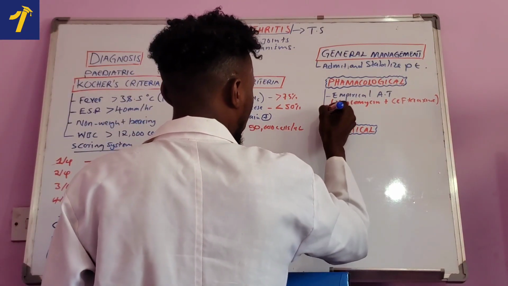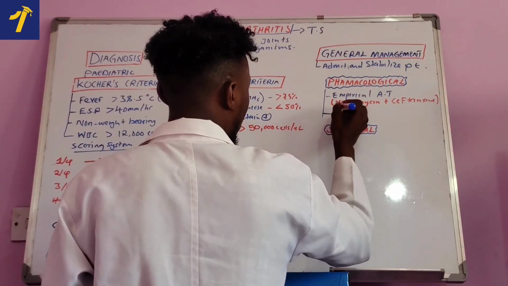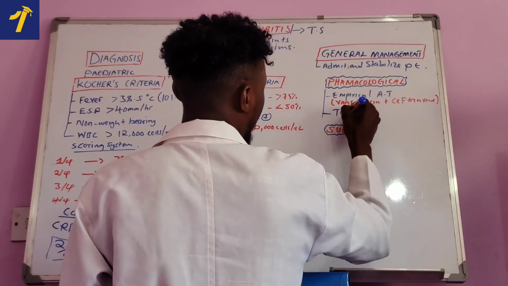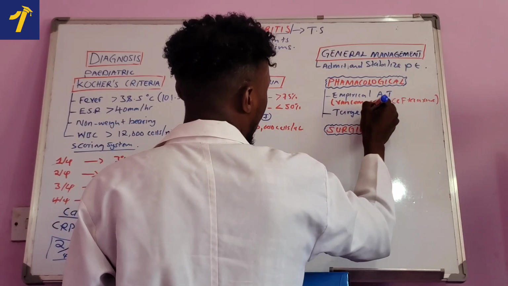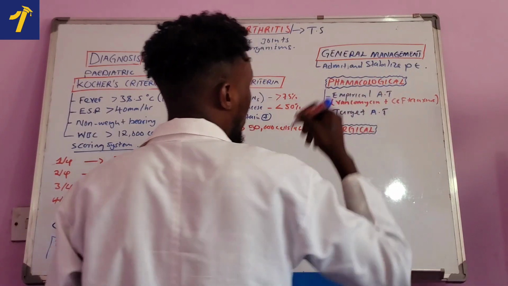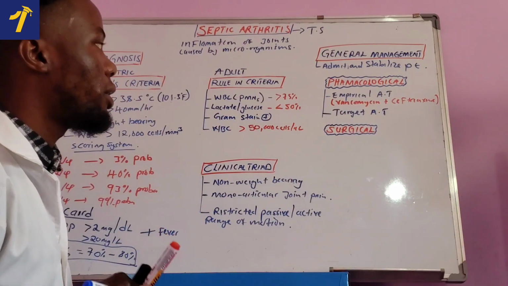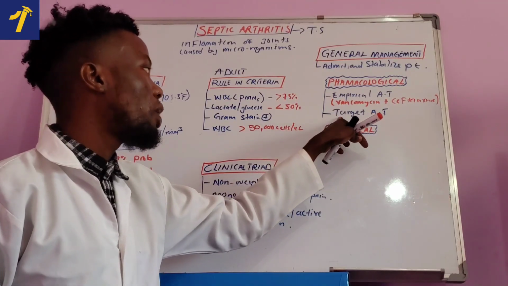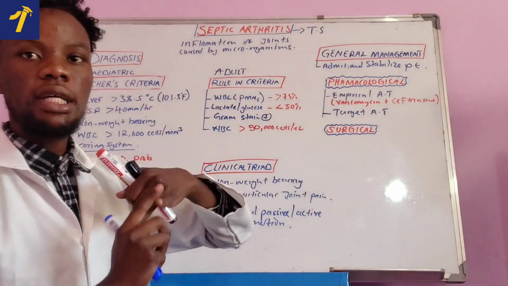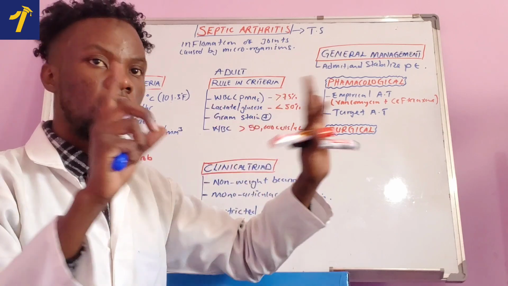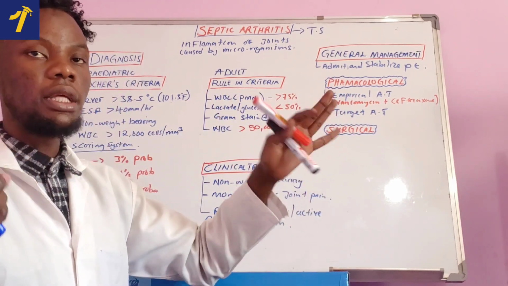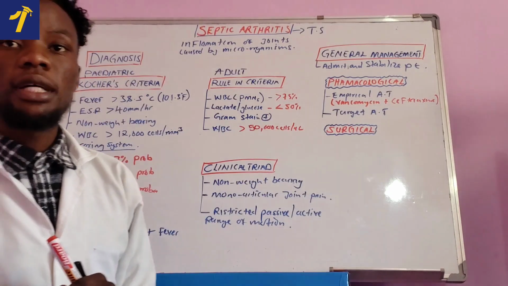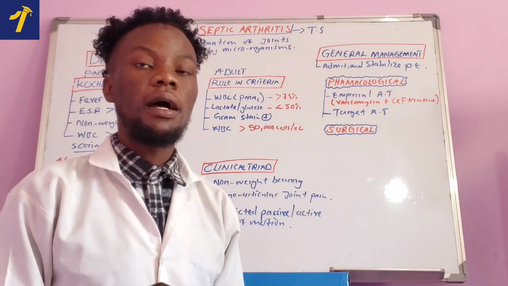Then the next important thing you're going to do now, the what? Target therapy. Target antibiotic therapy. As you can see, just from the name, basically now here you have culture. After you do the joint aspiration, you did culture, you waited for culture, then after culture comes back, you are going to know the microorganism that is affecting the joint.